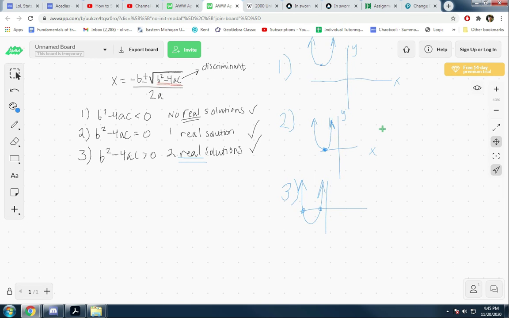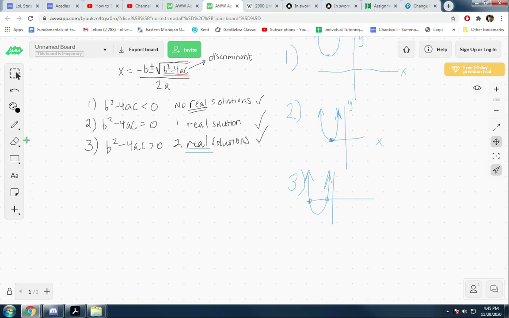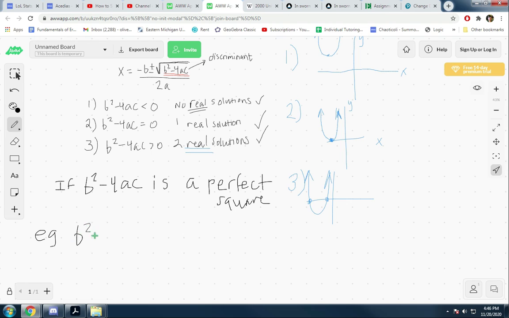I guess there's just one more thing to say, and that's, let's say that b squared minus 4ac is a perfect square. Maybe just with an example, let's say b squared minus 4ac were equal to 9 or something like that. It doesn't have to be 9.